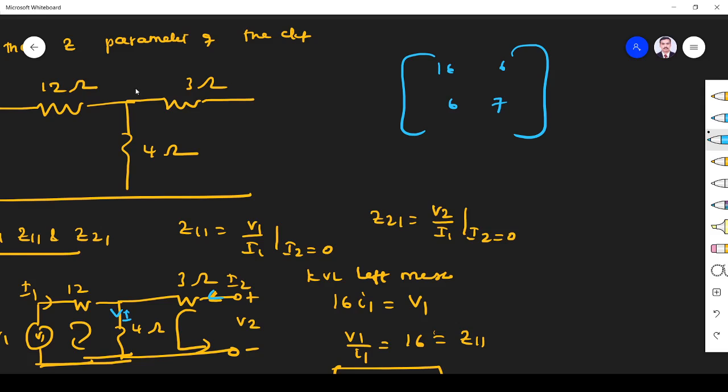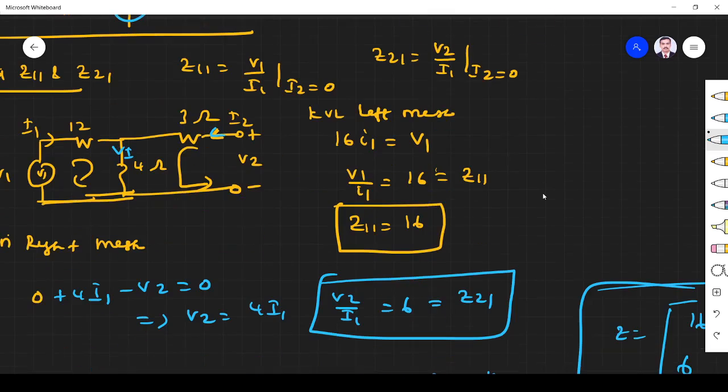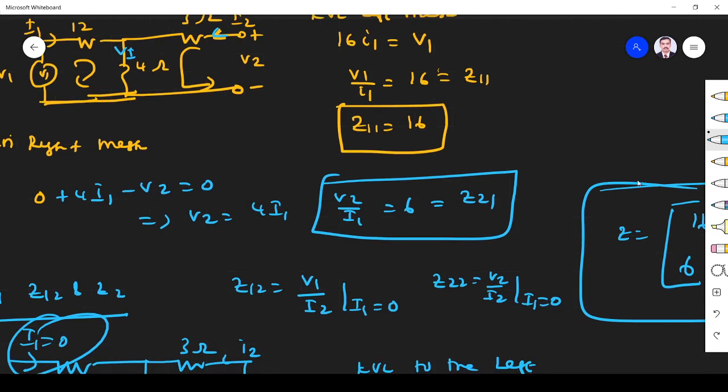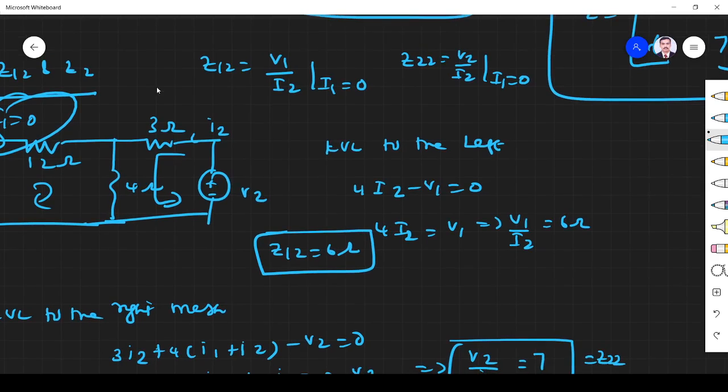We have one shortcut. If you have a T network, Z11 is nothing but the sum of these two, 12 plus 6. Z12 is the common terminal, 4 ohm. Sorry, here we got 4 ohm. V2 by I1 is 4, not 6. Please change it. Similarly, Z21 also, V2 by I1 is 4 only, not 6.